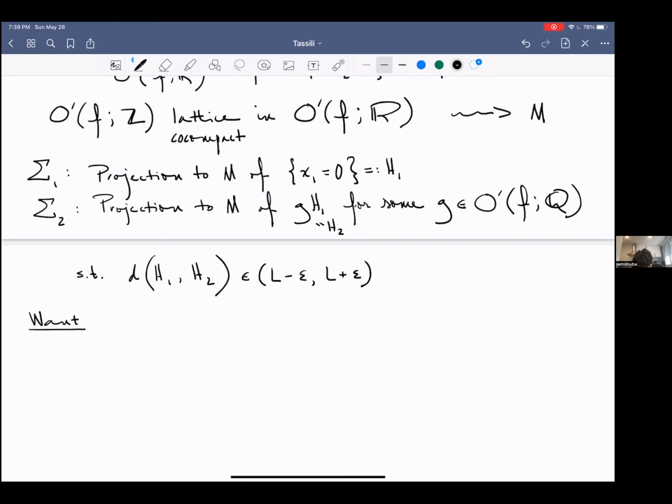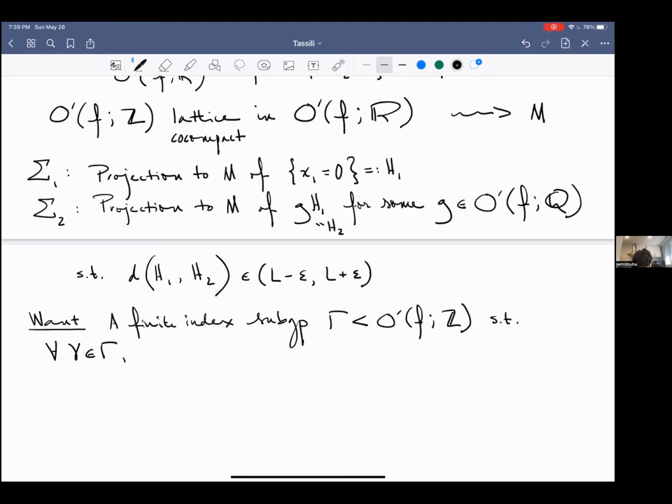We'll want a finite index subgroup, let's say gamma, such that for all gamma in this subgroup, the distance between H1 and gamma H2 is at least L plus epsilon.